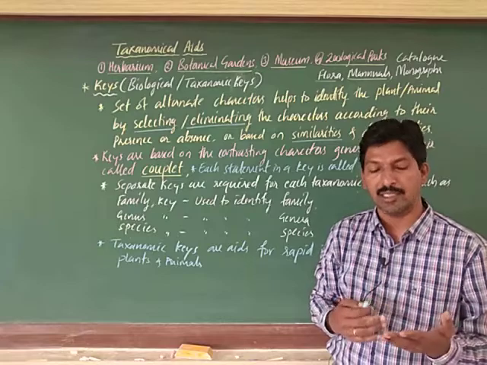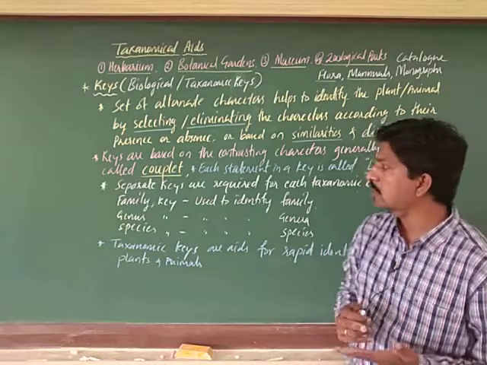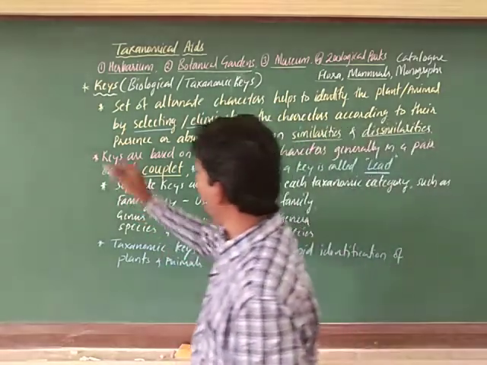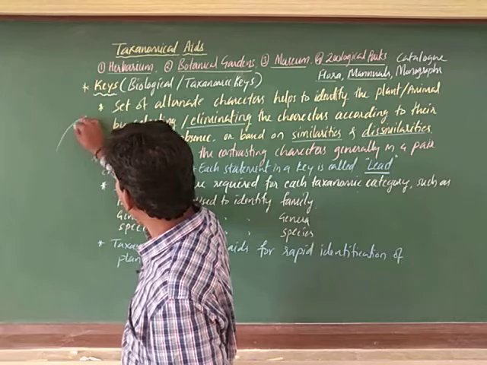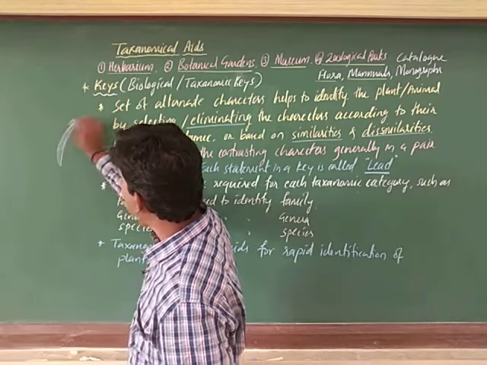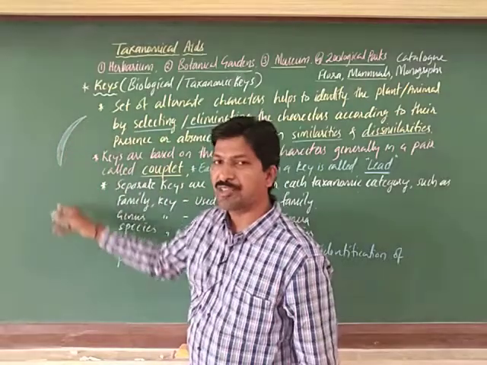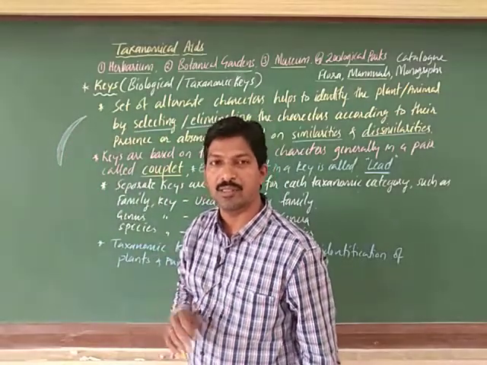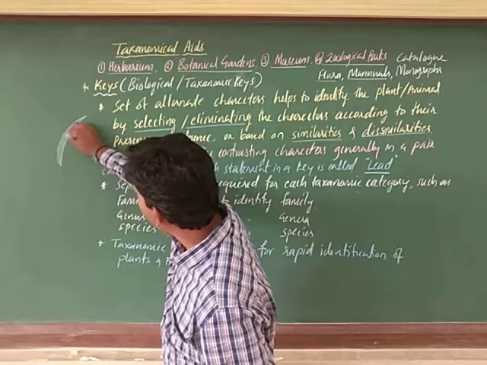For example, here the leaf is elongated, with parallel venation, the system of veins.